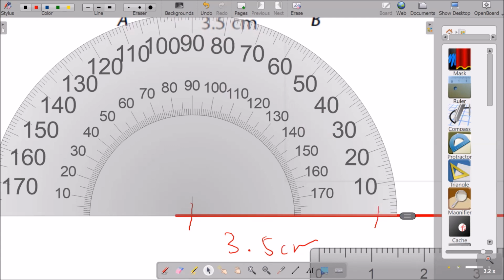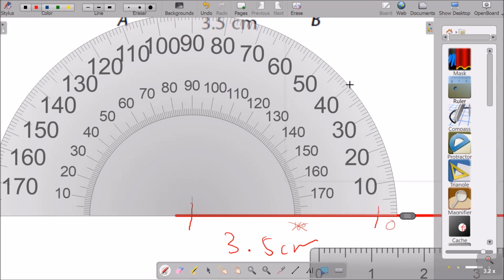Then what I would do is take a measurement of 40 degrees. We are using this 0, not that one. This is 180, so we don't want to use this one. I would use this 0, 10, 20, 30, 40 is here.